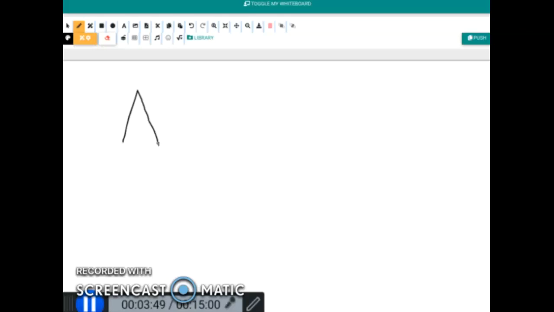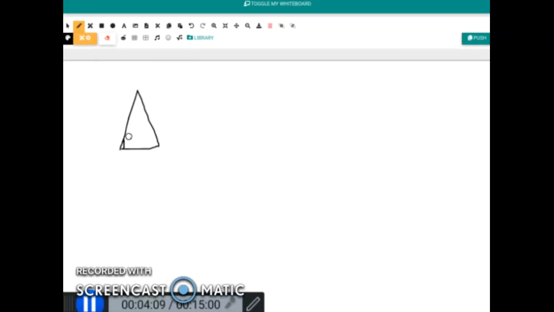Remember, I'm not perfect, so it's not going to be perfect. And then my bottom section is going to be a little bit smaller in size. So I have 2 sides that are exactly the same, and then I have one side that is not as long as the other 2. So a triangle would have been drawn for the first riddle.